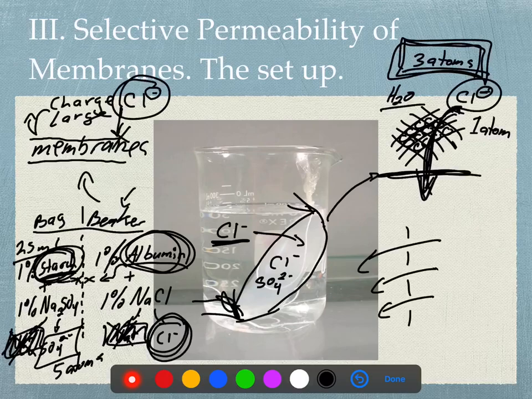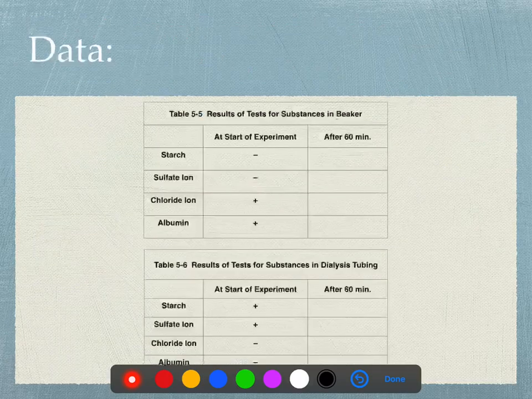You would take samples of the solution in the bag, and you would test the bag solution for things like starch, albumin, sulfate, and chlorine. And then you would take the samples of the beaker fluid, and you would test it also for starch, albumin, sulfate, and chlorine. So let's look at that data table.